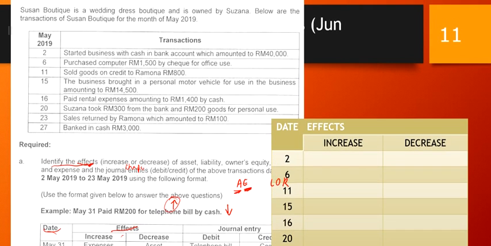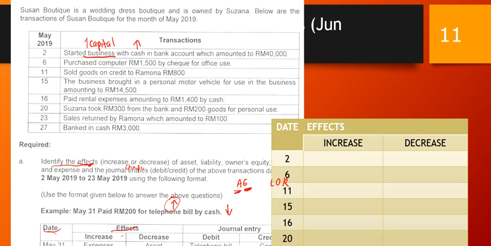Okay, so now kita cuba buat. Tengok transaction 2nd of May. Started business with cash in bank account amounting to 40,000. Started business, so maksudnya dia nak cakap kat sini, this is capital. With cash, so cash increase in bank account which amounted to 40,000.